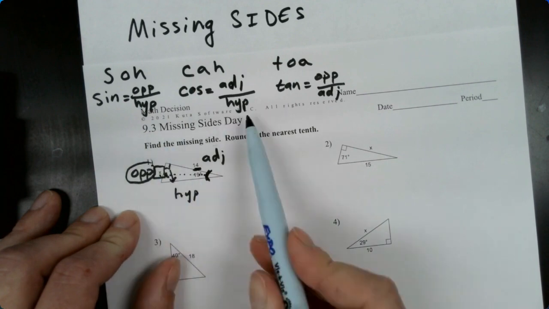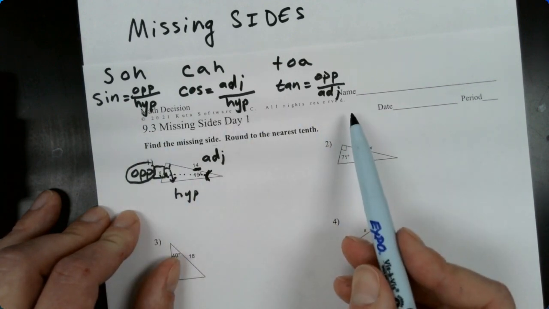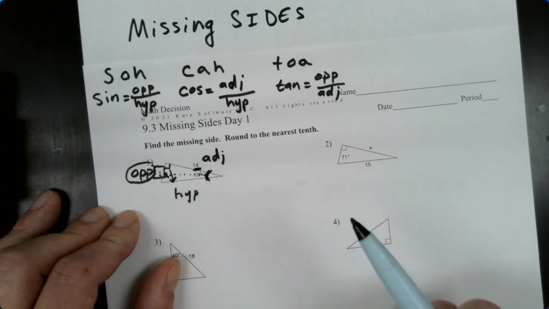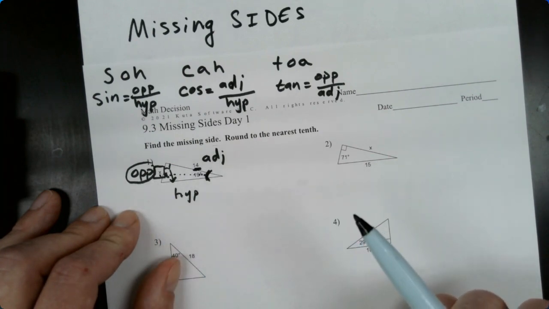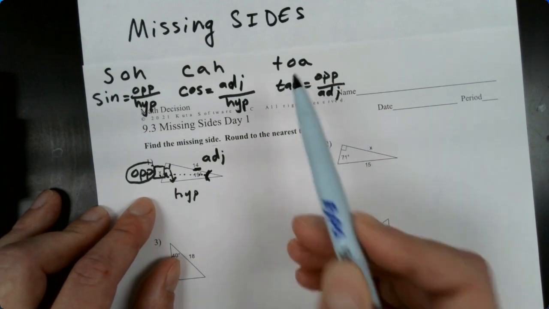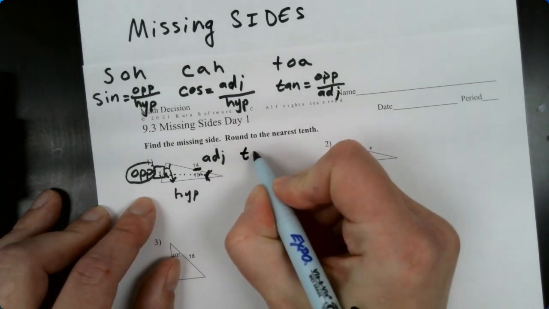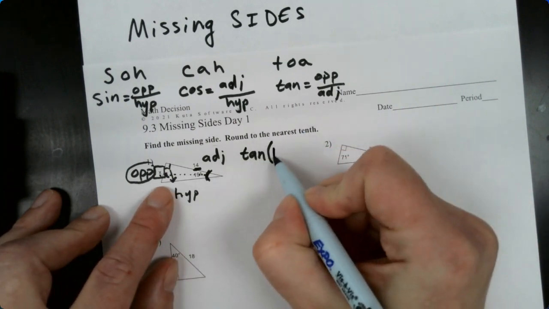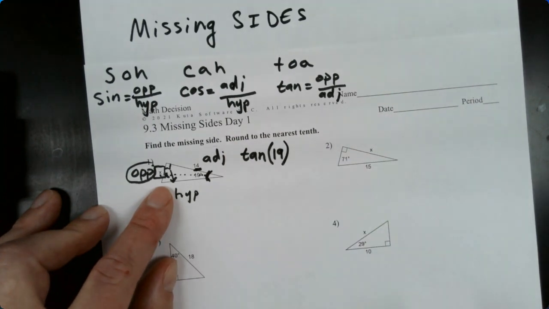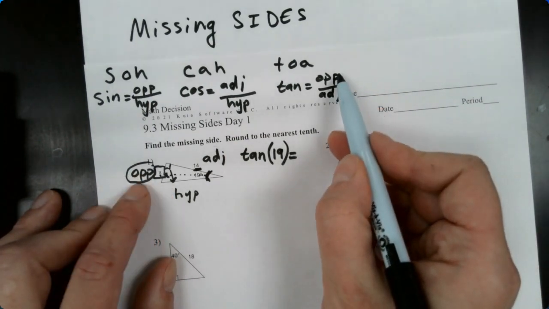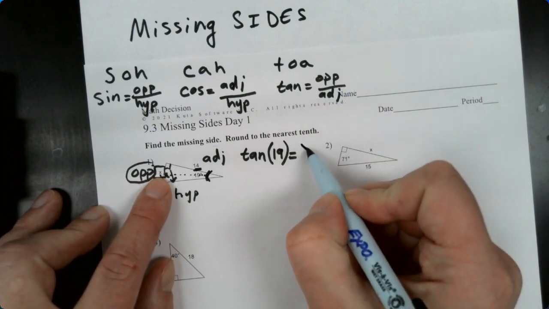Which one relates the opposite and the adjacent? Tangent, good. So we're going to say the tangent of the angle always goes with the function. So tangent of 19 equals the opposite side. Here the opposite side is x.